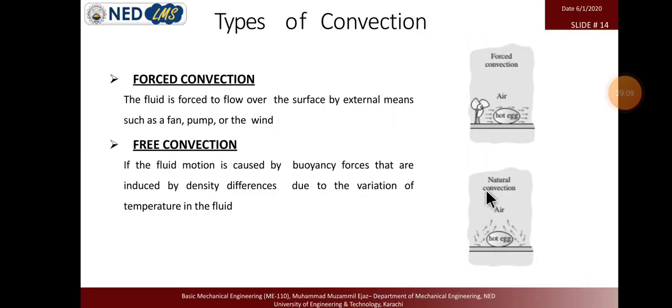For this particular example, we have a hot egg. Ts is the temperature of this hot egg, and T infinity is the temperature of the surrounding area. Now you can ask at which point we have to take the temperature: this point, this point, or this point.